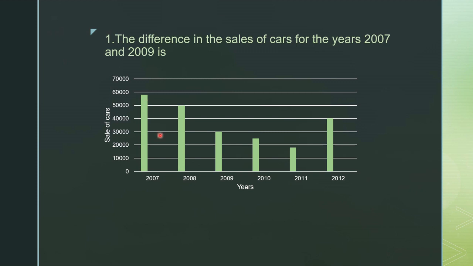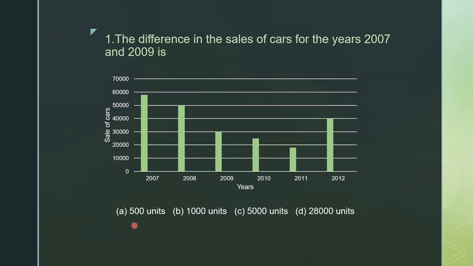We know that in 2007 the sales of cars is 58,000, 2008 that is 50,000, 2009 that is 30,000, 2010 that is 25,000, 2011 18,000 and 2012 that is 40,000.